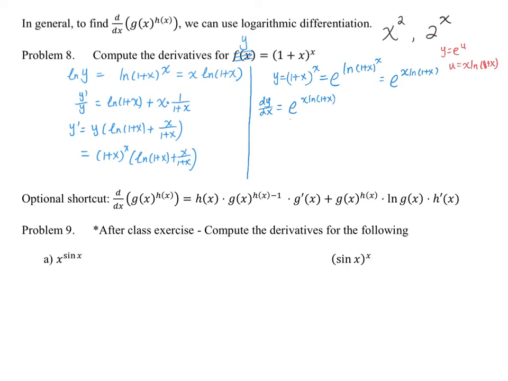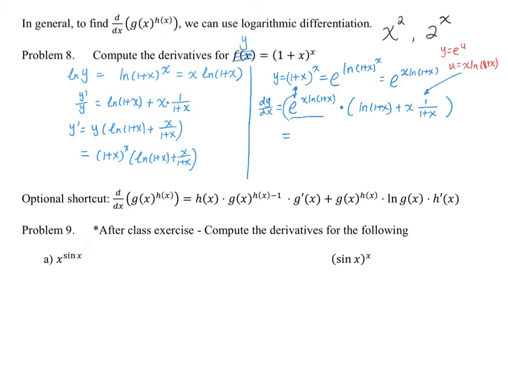And what is this? This is exactly the same as this. And times the derivative of the inner, where the product rule comes in. So it will be the derivative of x, which is 1, times ln(1 + x), plus x times the derivative of ln(1 + x), which is 1 over 1 + x.